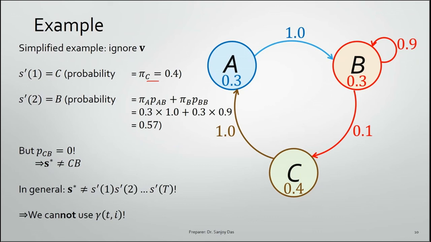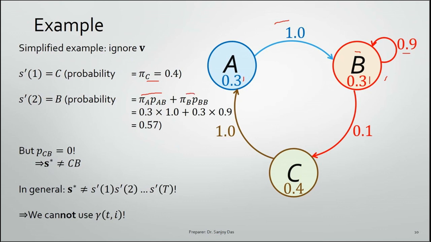Now, at the next time step, what's S prime 2? That can clearly be seen to be state B, because state B at time step 2 can be reached in two ways. With a probability of 0.3, if the initial state is A, then it always jumps to state B in the next time step. So that's pi A times P AB. Otherwise, if the starting state is B at time step 1, which has a probability of 0.3, then with a probability of 0.9 it stays in the same state B at time step 2.